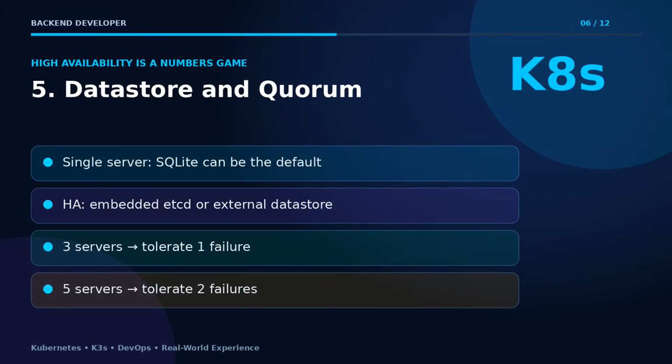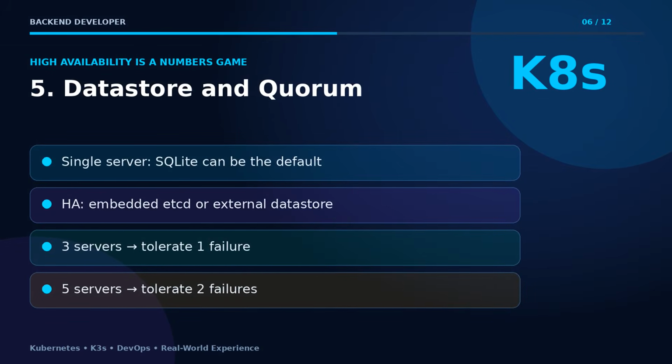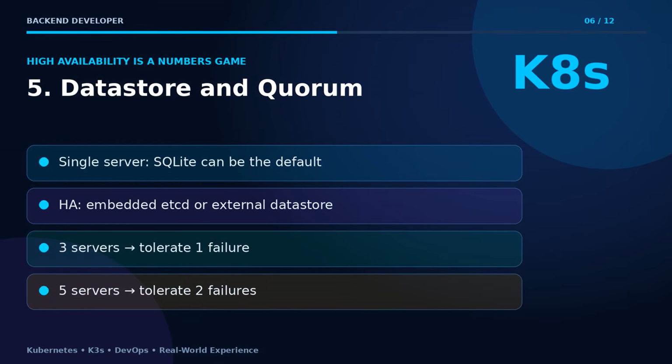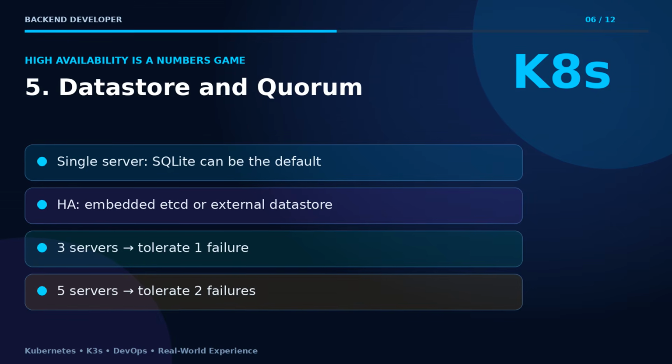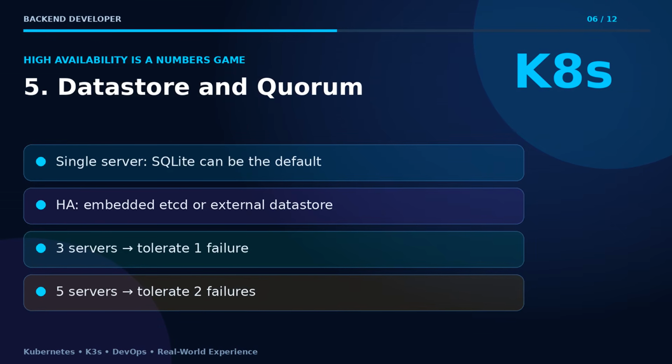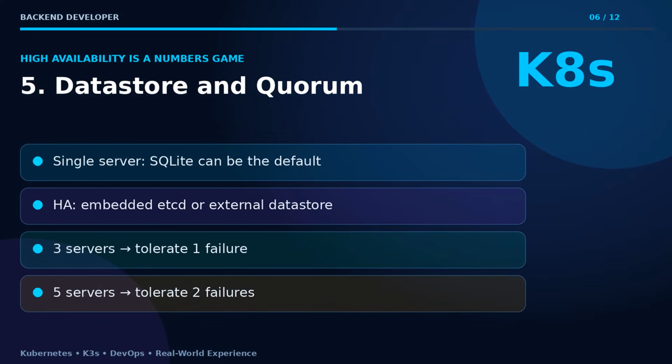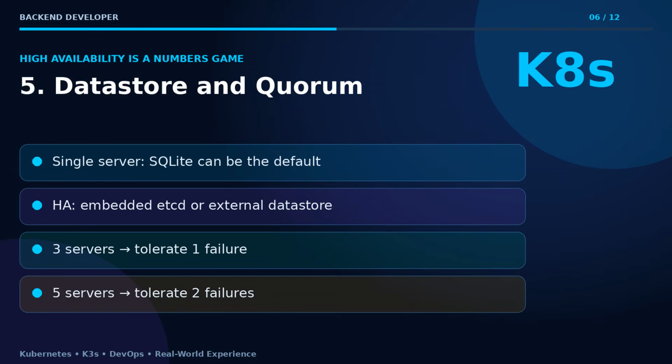Now consider the data layer. In a single server K3s installation, the default data store can be SQLite. It is simple and practical, but it cannot be used for a multi-server cluster. A highly available K3s installation can use embedded etcd or a supported external data store, such as PostgreSQL, MySQL, or etcd.